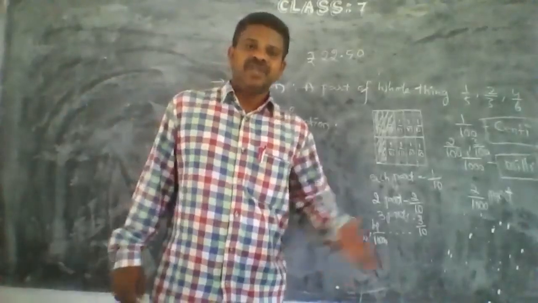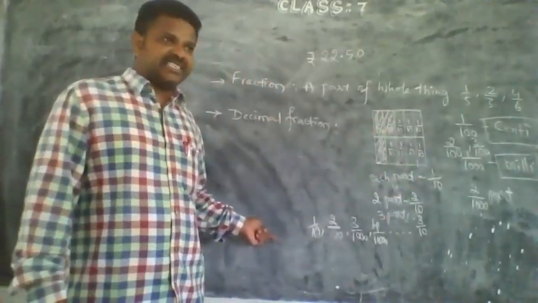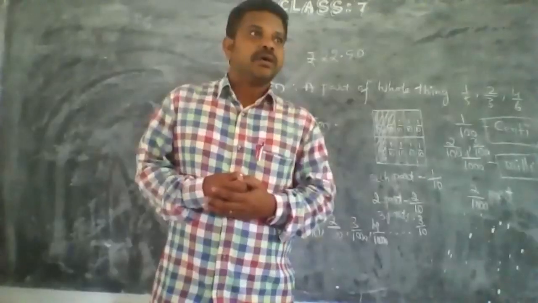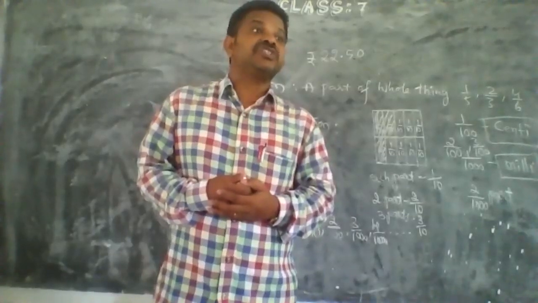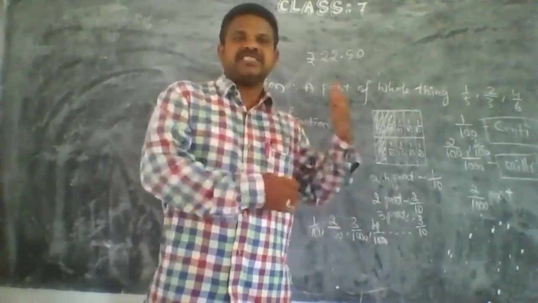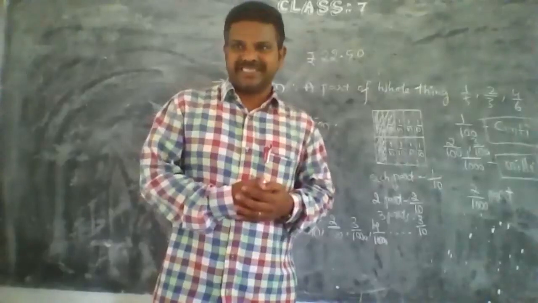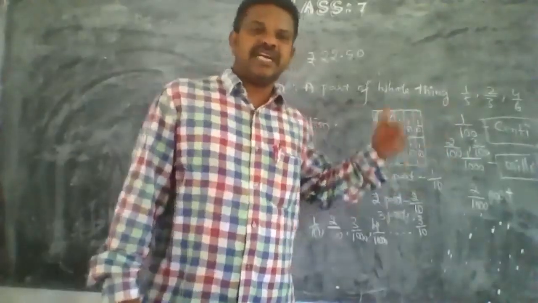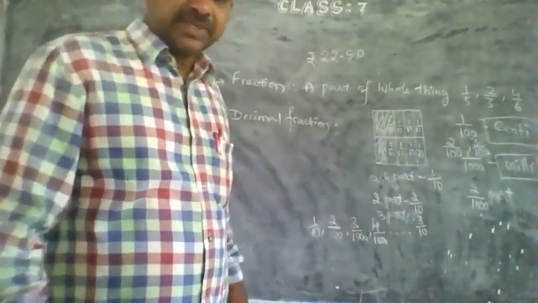After this, the decimal fractions, let us discuss our place value system, how the places have come, the right side of the ones place, what the places are, and everything we have to learn now.